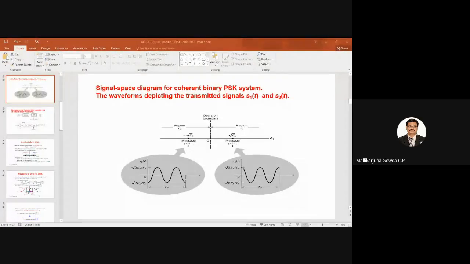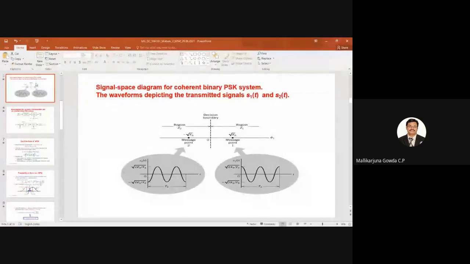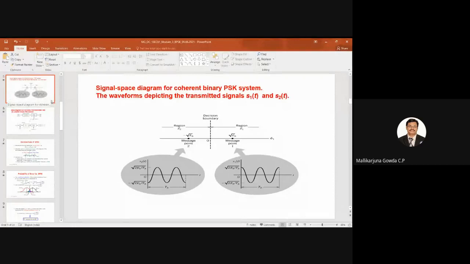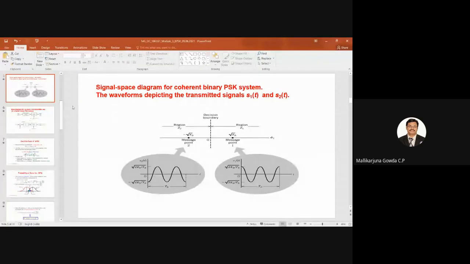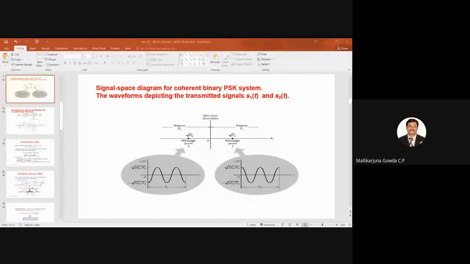Okay, so with this recap, as I was telling, let us try to understand and derive the expression for the average probability of bit error rate, right? With respect to this diagram, let me say one more thing.